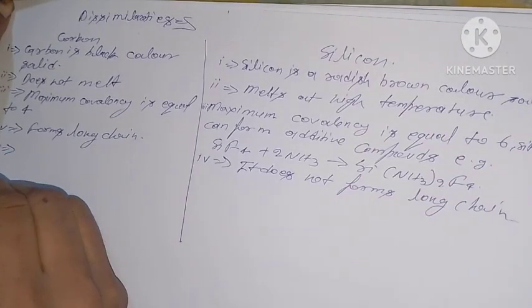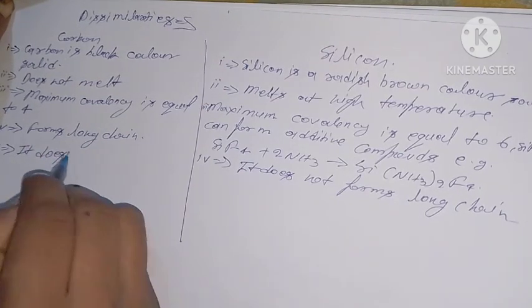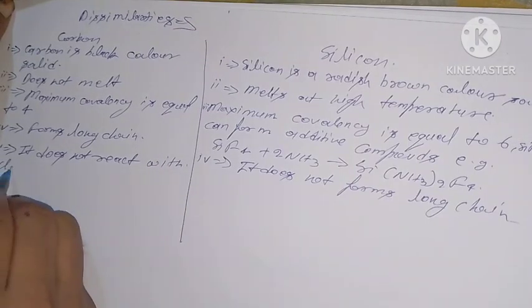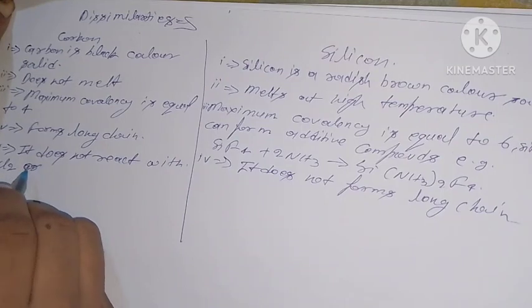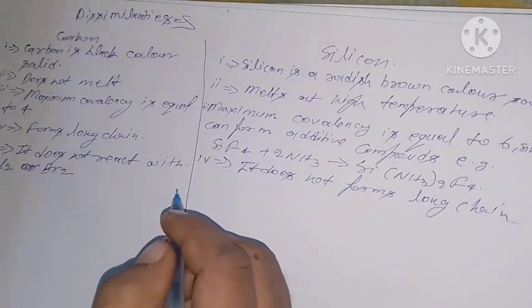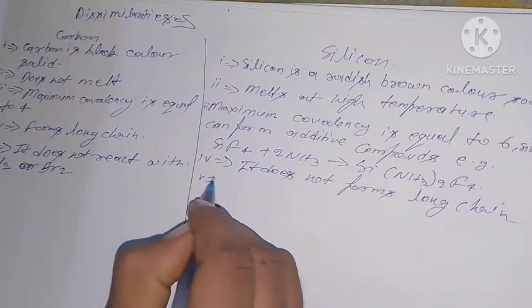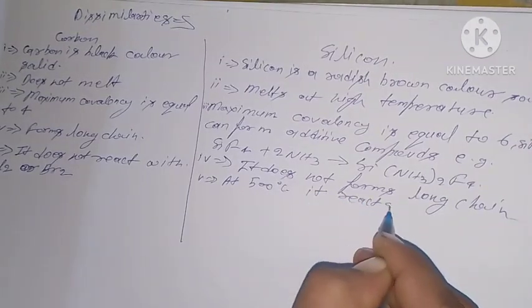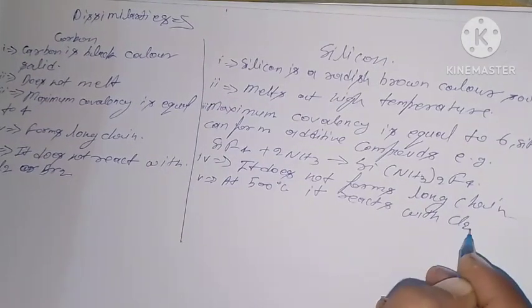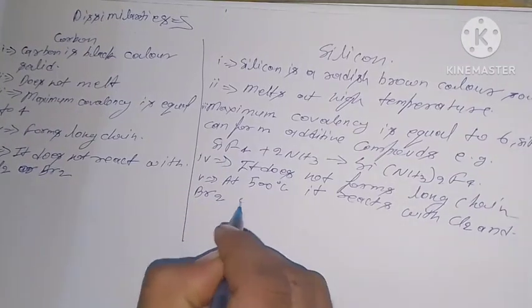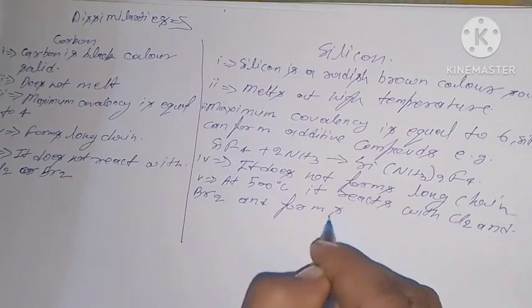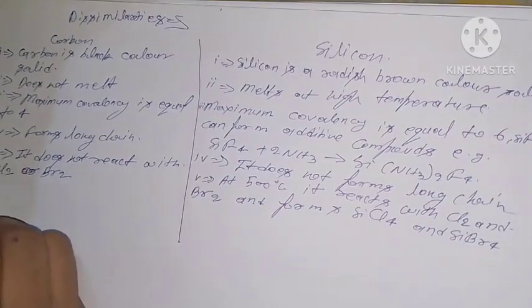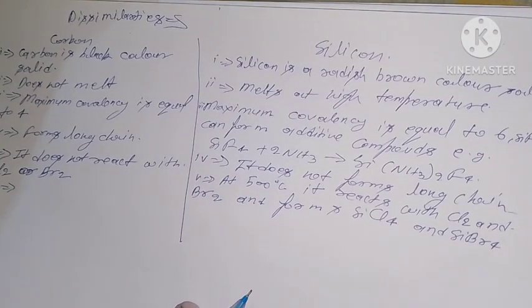Carbon does not react with chlorine or bromine, but at 500 degrees Celsius silicon reacts with chlorine and bromine and forms SiCl4 and SiBr4.